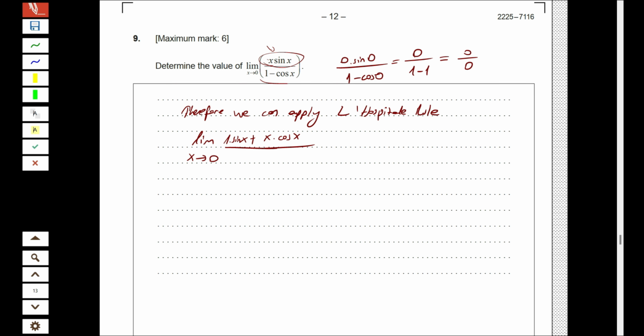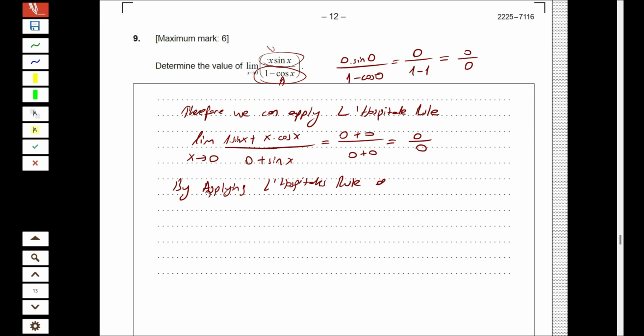The derivative of the denominator will be 0 plus sine x, because the derivative of cosine is minus sine. When you replace x with 0, you again see 0 divided by 0, so we can apply L'Hopital's rule again.